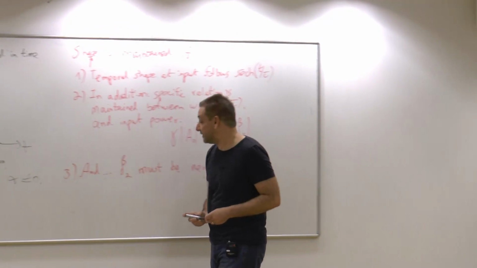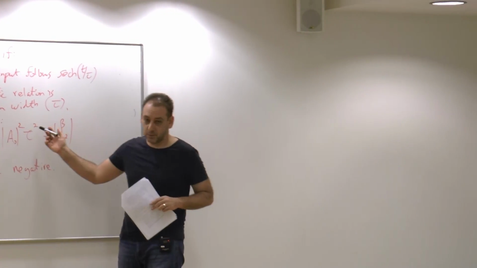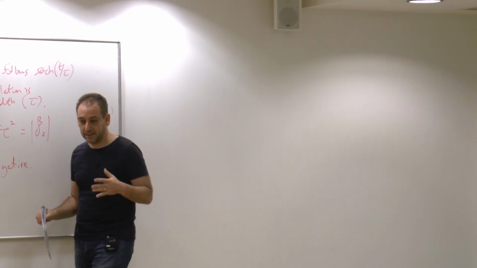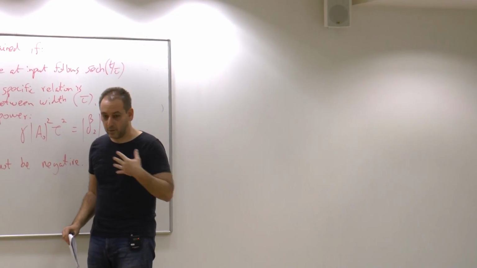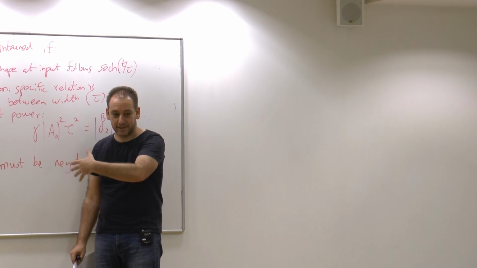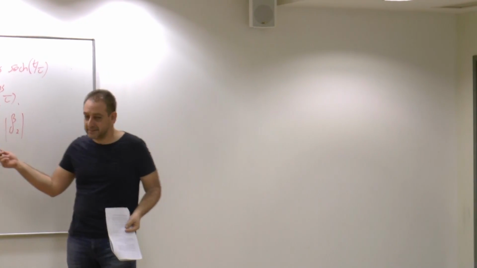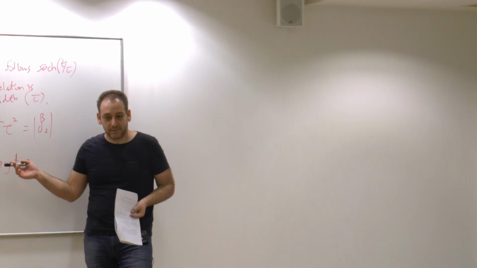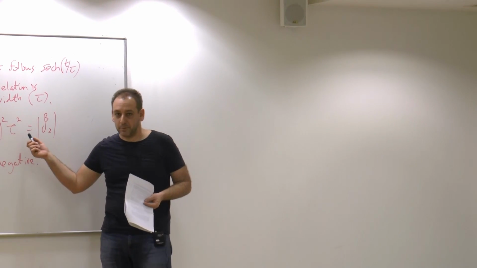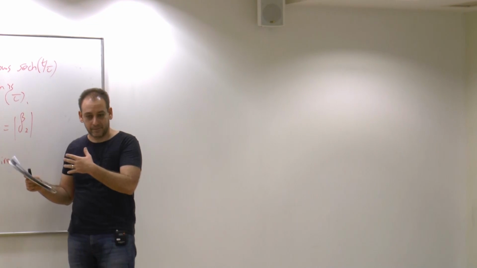So suppose that I've adjusted power and width just right at the input. After a while, and a while can be a centimeter, a meter, or a kilometer, depending on the material of choice, power is inevitably attenuated. So the relation between power and width is no longer holding.